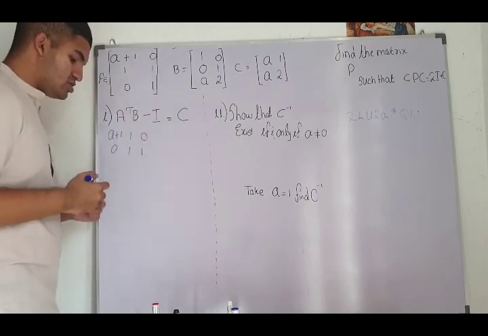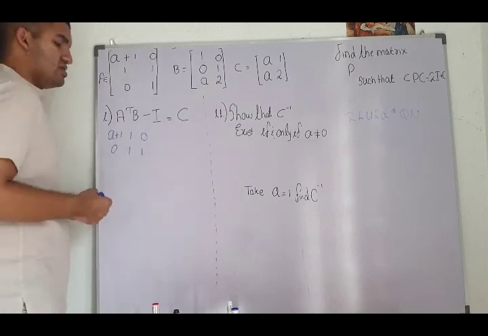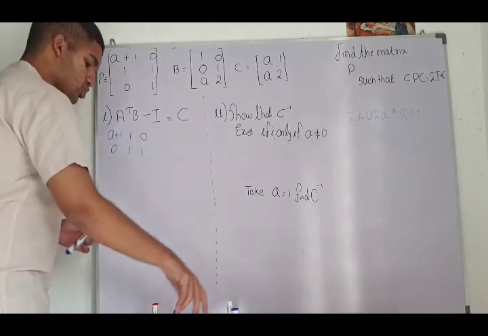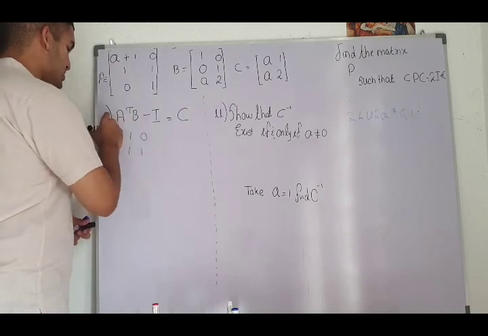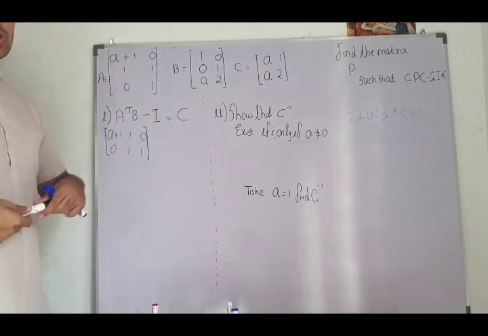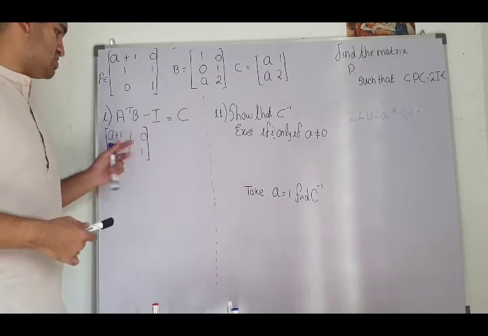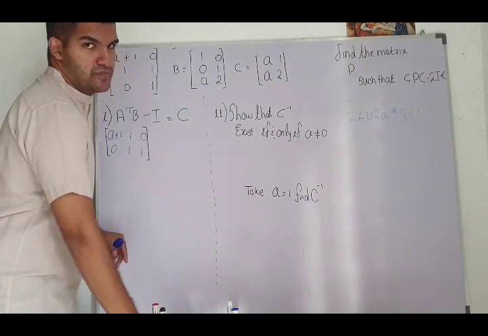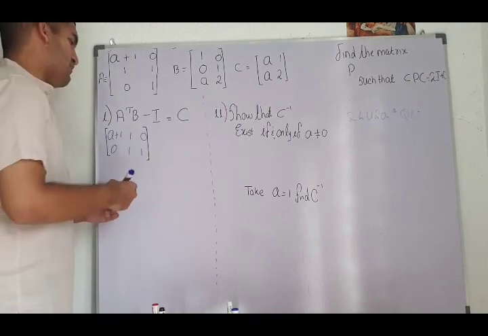So this is going to be the transpose of A. Matrices are usually written in circle brackets or square brackets. That doesn't matter on what you put. What really matters is the final answer.